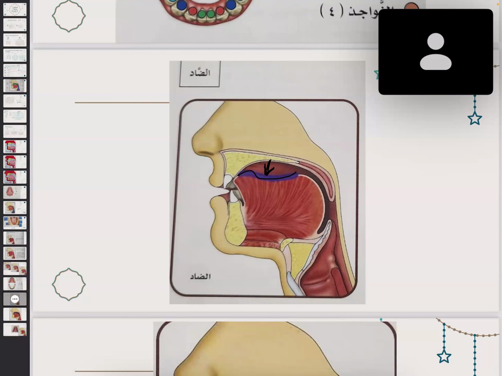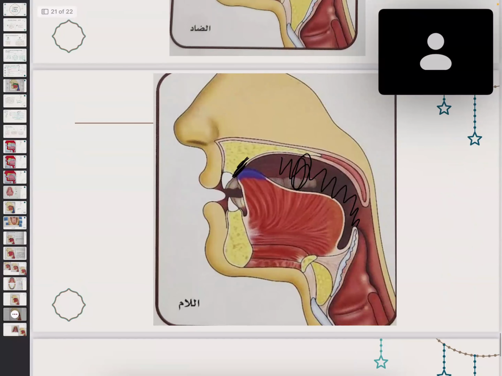For اللام, the tip of the tongue touches the hard part. خلاص تمام.